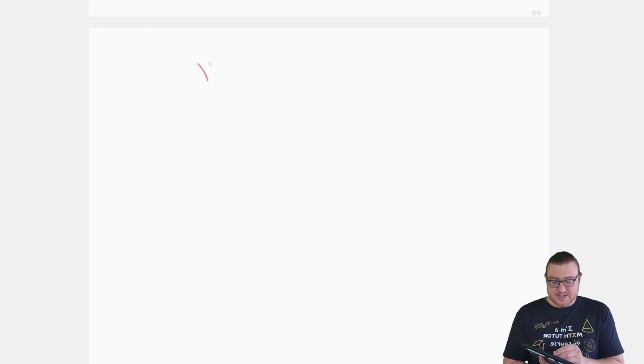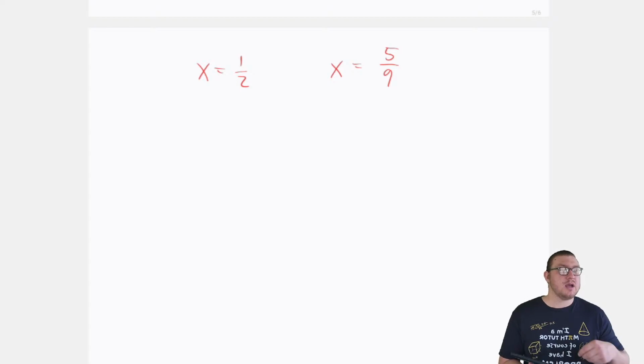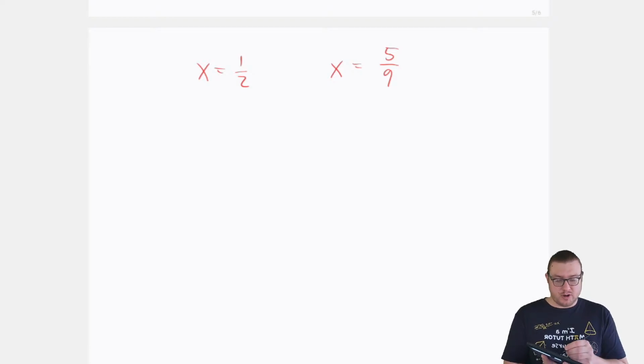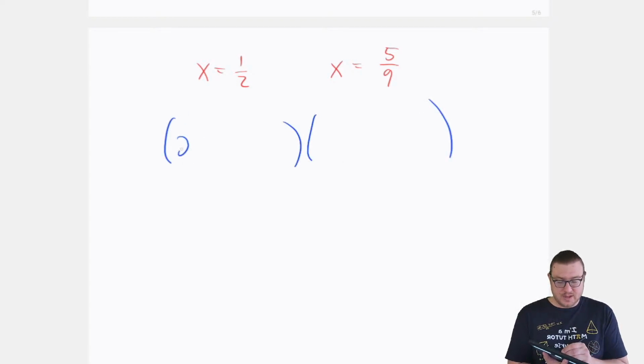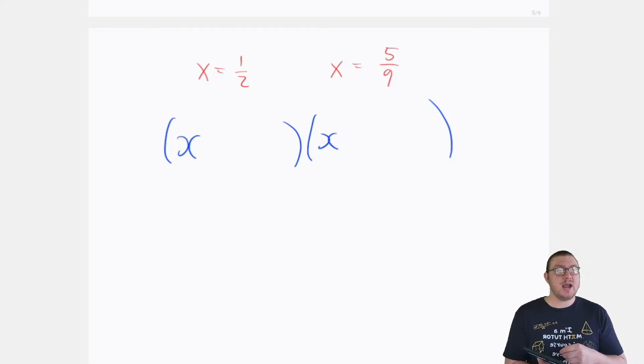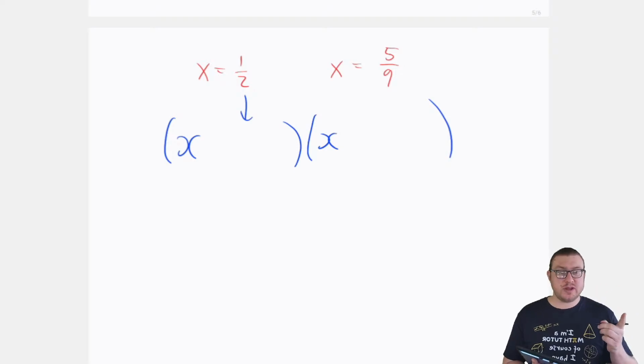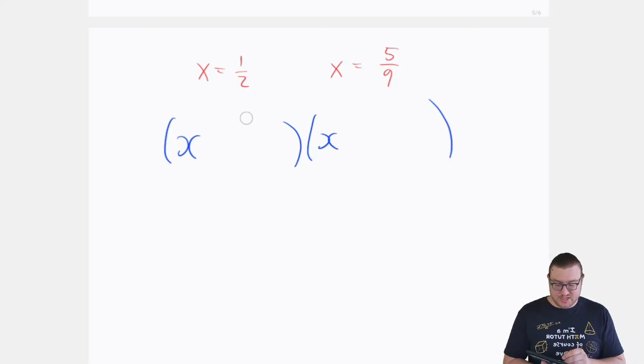If your calculator is telling you x is 1/2 and x is 5/9, then you can, just like before, write our factorized form. x is on the left, and then we have to substitute these in. But remember, these are x values. So what do you need to be aware of? Changing the sign.